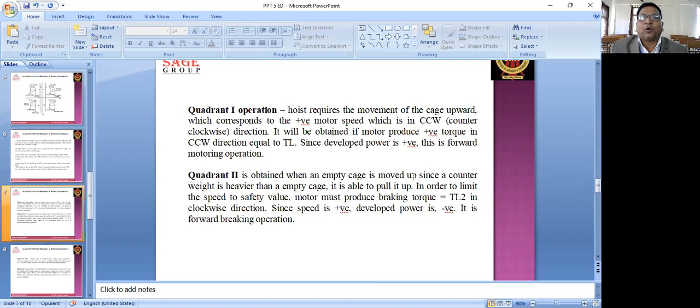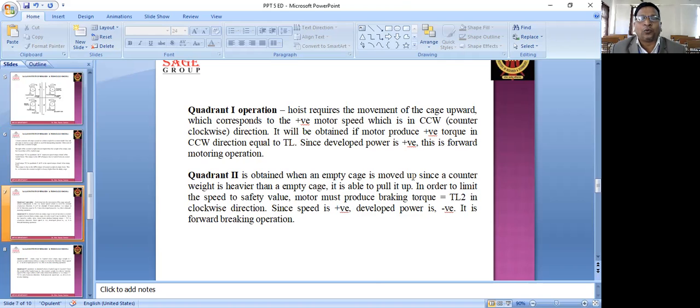In quadrant 1 operation, the hoist requires the movement of the case upward, which corresponds to positive motor speed, in the counterclockwise direction. It will be obtained if the motor produces positive torque in the counterclockwise direction equal to TL1. Since the developed power is positive, this is called forward motoring operation.